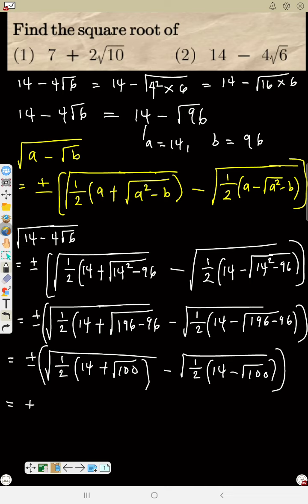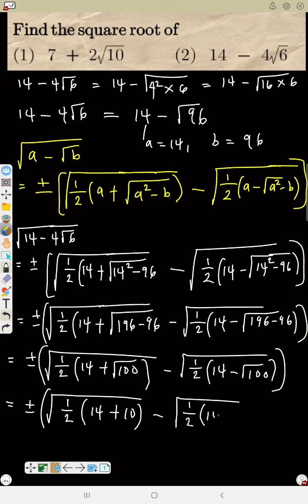So this is plus or minus square root of half into 14 plus 10, because square root of 100 is 10, minus square root of half 14 minus 10.